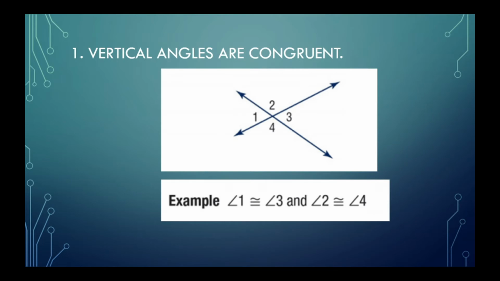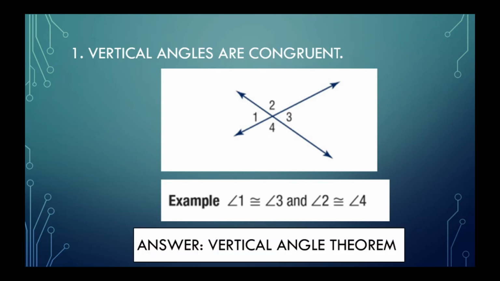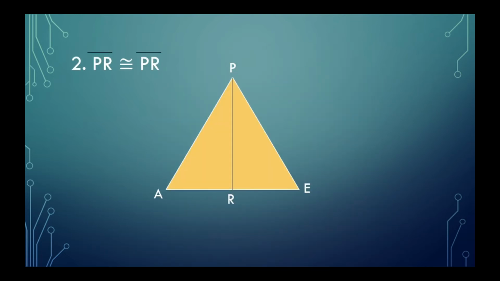Okay, number 1, the statement: vertical angles are congruent. Number 2, the statement: side PR is congruent to side PR, or segment PR is congruent to segment PR.